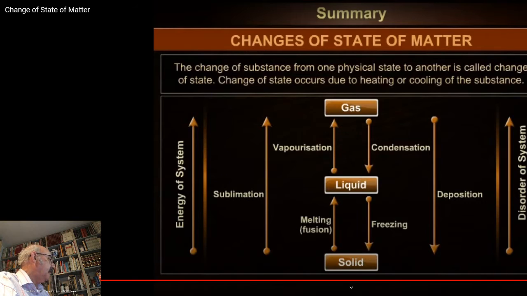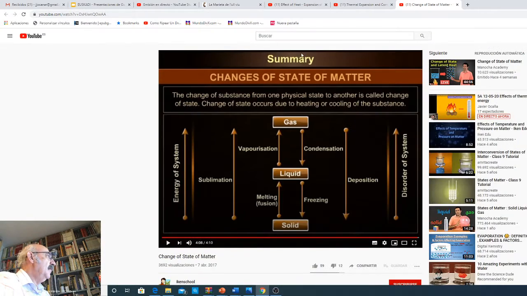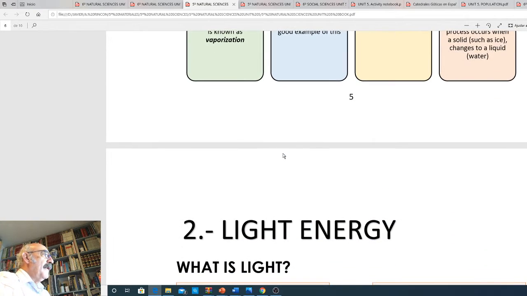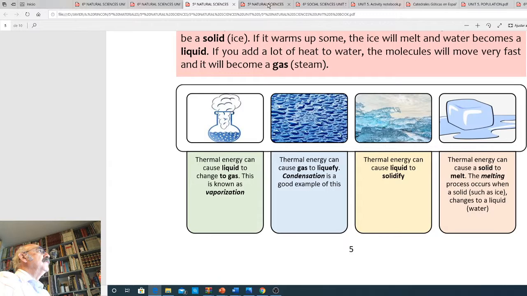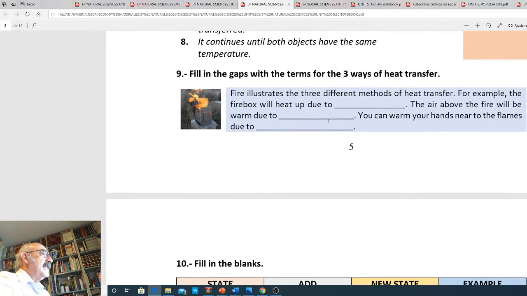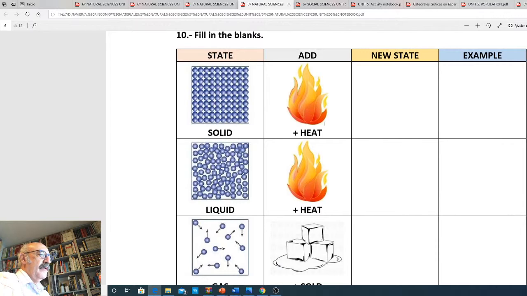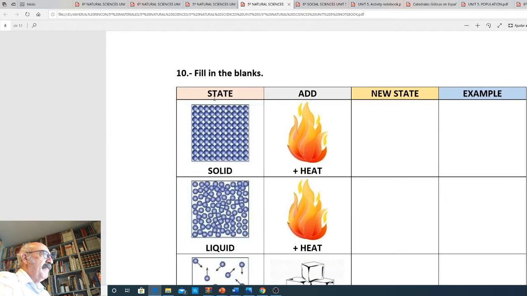Good. Now let's go back to our notes. Go to your exercises. This is another exercise we need to correct. Exercise number 10, page number 6.